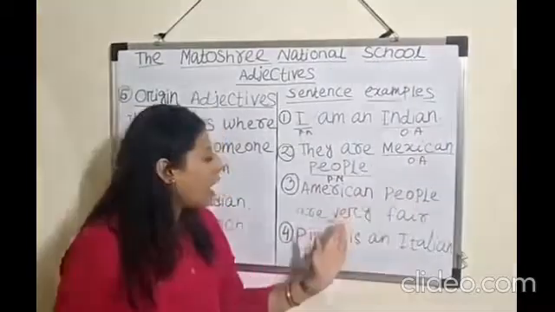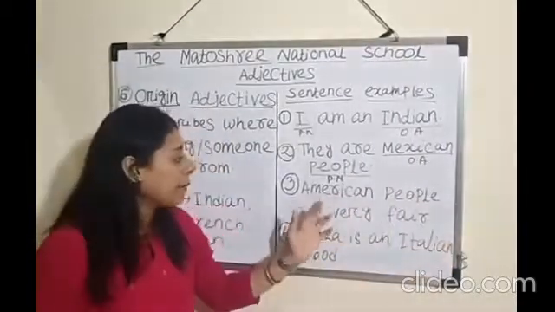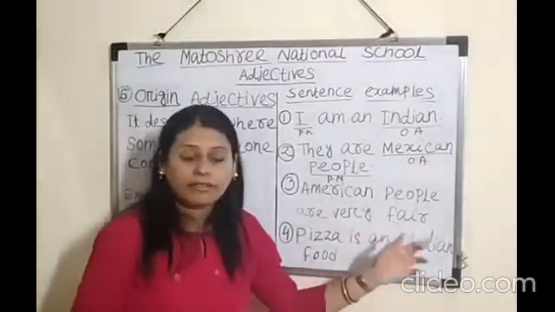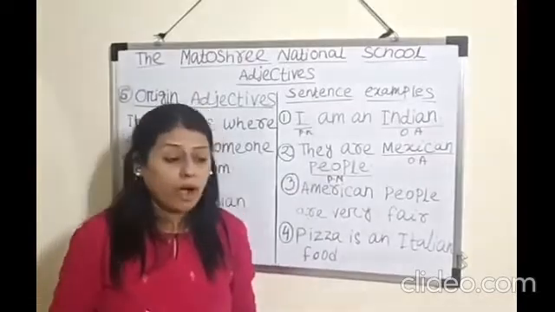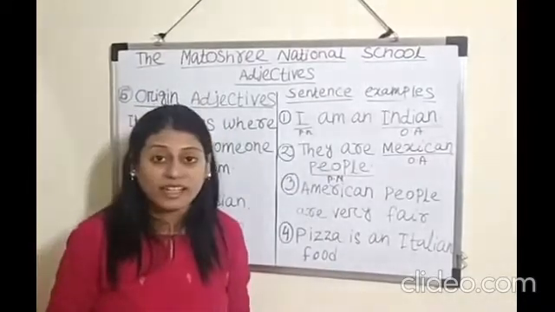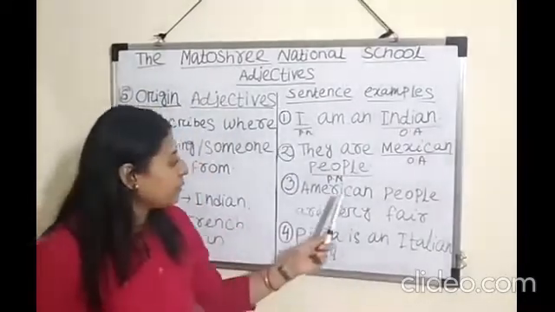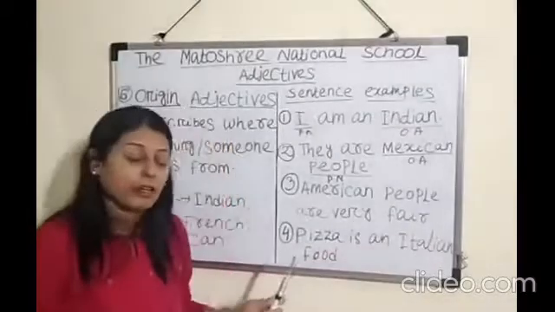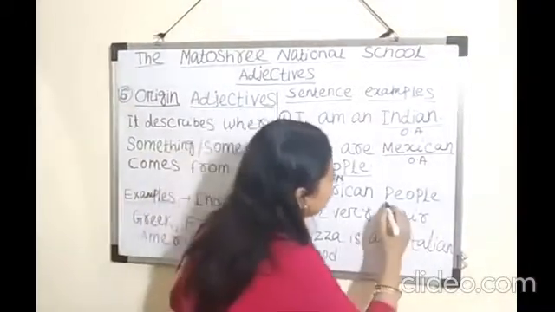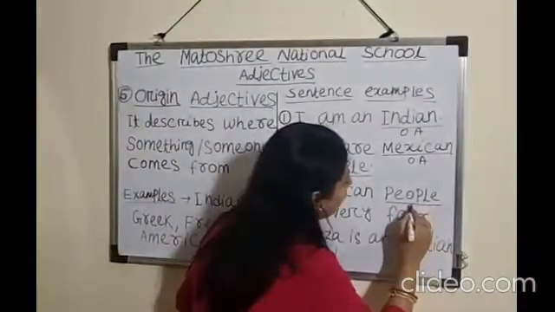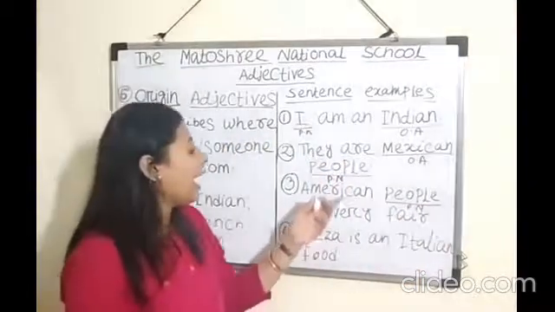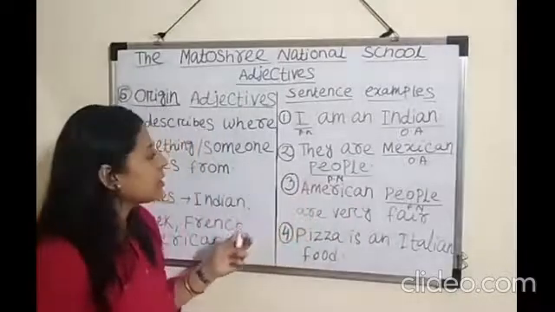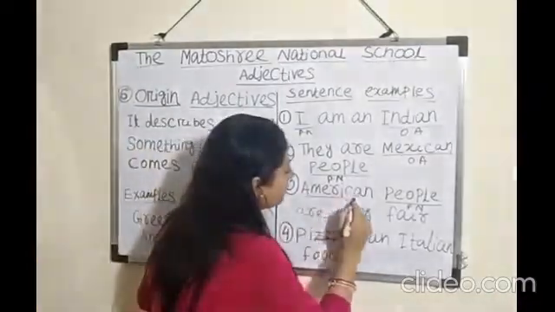American people are very fair. You have already seen American people and how fair they are, they are white. So American people are very fair. Here, people is a plural noun, and yes, American is an origin adjective.